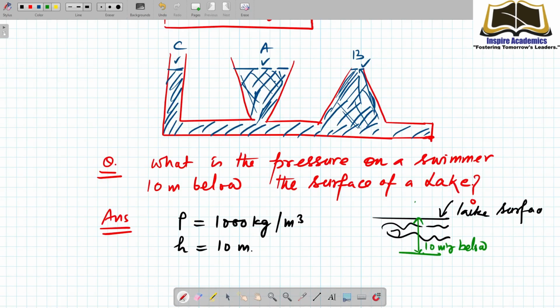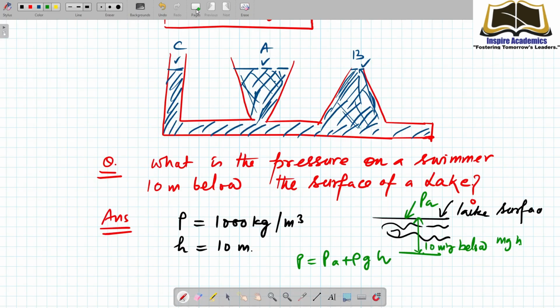So already there is a pressure here, PA, yes or no? In addition to that you have rho gh. Understand the concept, you can't directly apply just rho gh, because there is atmospheric pressure plus rho gh. So what will the total pressure be? You will see that my total pressure P is PA plus rho gh, like that.